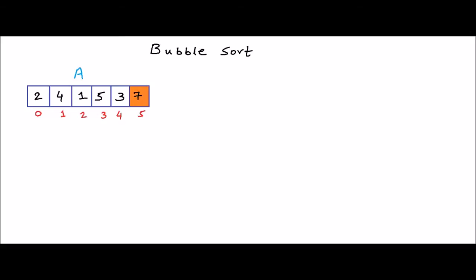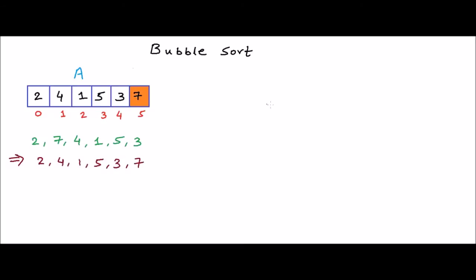What has happened after this one pass is that 7, which is the largest in the array, is at its appropriate position. It deserves to be at index 5 in the sorted array, and that's where it is. So 7 has kind of bubbled up to the rightmost position in the array with this whole logic of swapping the adjacent elements. This was our initial array, and after the first pass we have gone to a state like this.